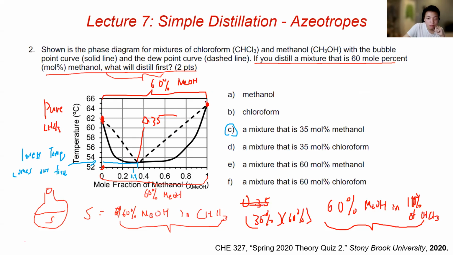And this is pure methanol. The one that distills first is the lowest boiling point, right? Whichever mixture has the lowest temperature. And that is the composition of methanol in chloroform. Oh, okay. I see. All right, thank you.